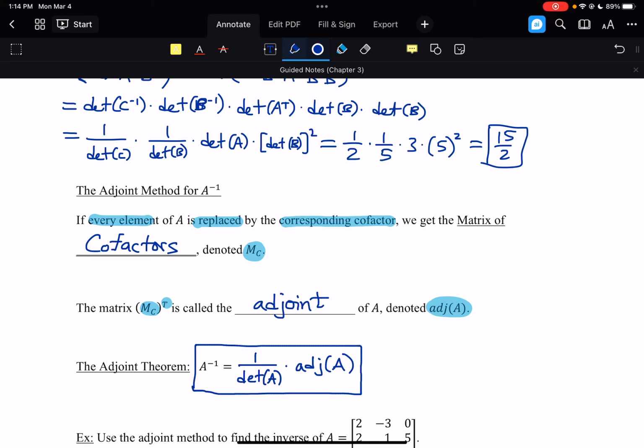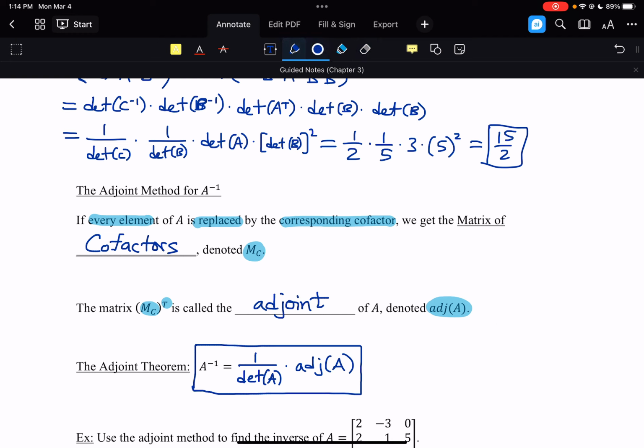And actually, if you think back to chapter 2 when we were finding the inverse of a 2x2 matrix, remember the formula for that was 1 over AD minus BC, and then you interchange the terms within the matrix. This AD minus BC here, that is the determinant of a 2x2. We just saw that today. So this formula is actually derived using the adjoint method.